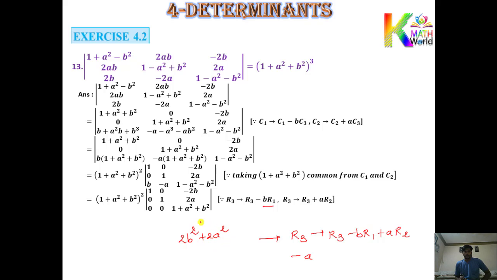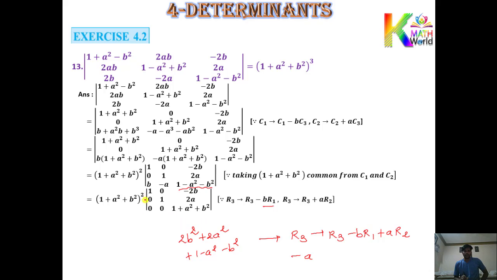Now whatever you got, that got added to this one. So here we have 1 minus a square minus b square. So 2a square minus a square, you have left now plus a square. 2b square minus b square, you have left now plus b square, and this one as it is, it means you have left now 1 plus a square plus b square.